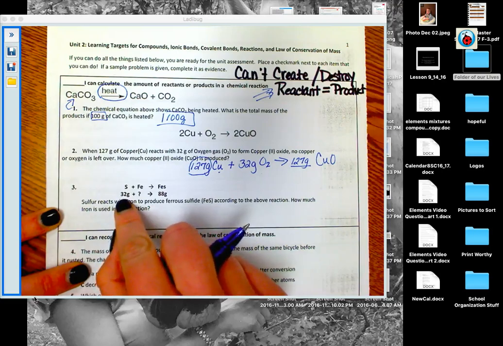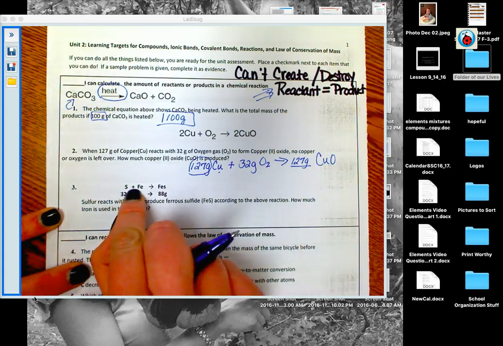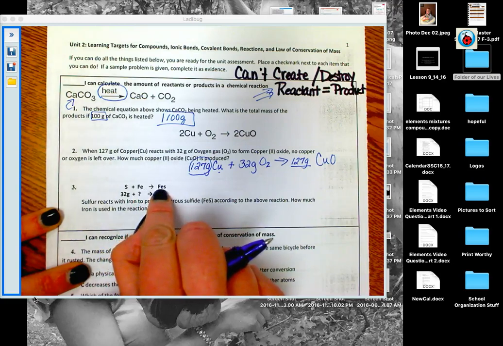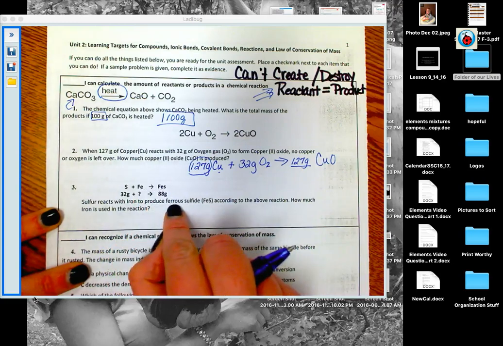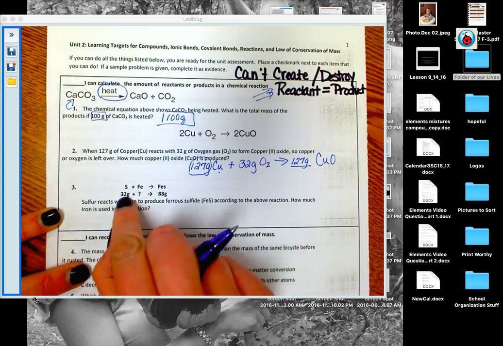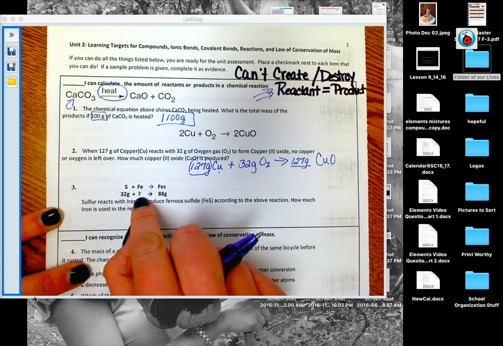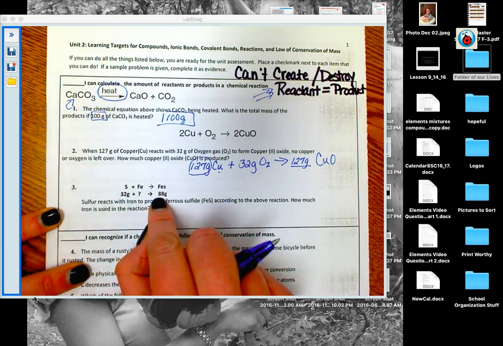This is no different than one of your basic math problems where you're solving for a variable. They're telling you here's sulfur plus iron yields ferrous sulfide. That's got a weird name, so that's not one we expect you to know how to name. So in this case, we started out with 32 grams of sulfur. We don't know how much iron we added, but we ended up with a total of 88 grams.